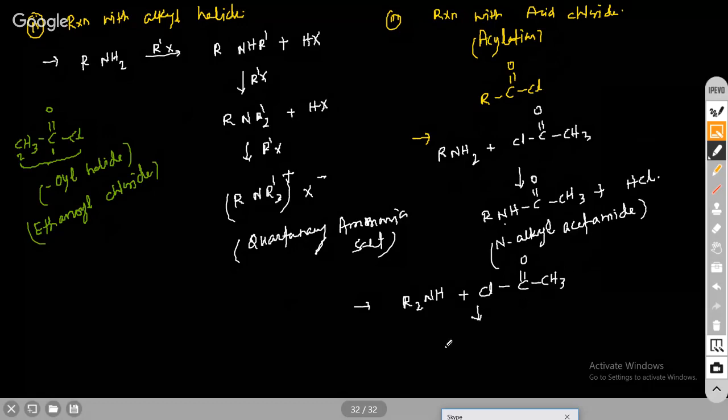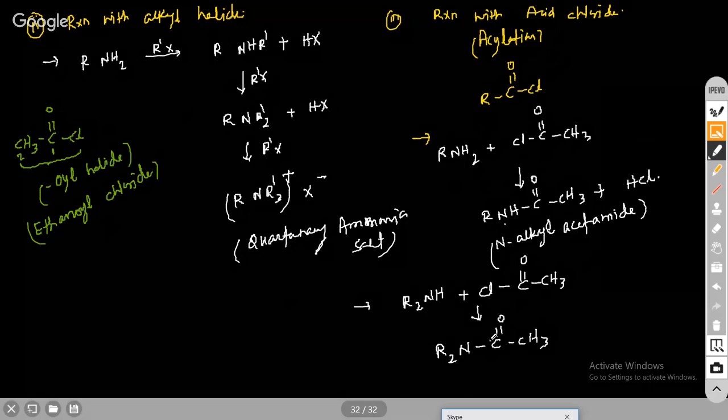Again, HCl goes out and we get R2N C double bond O CH3. What is the name of this compound? N comma N dialkyl acetamide. Write down the name N comma N dialkyl acetamide.